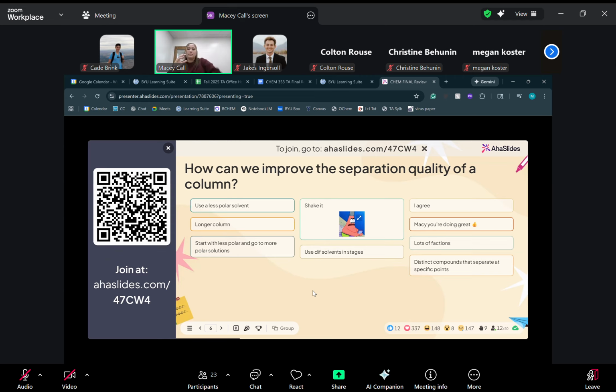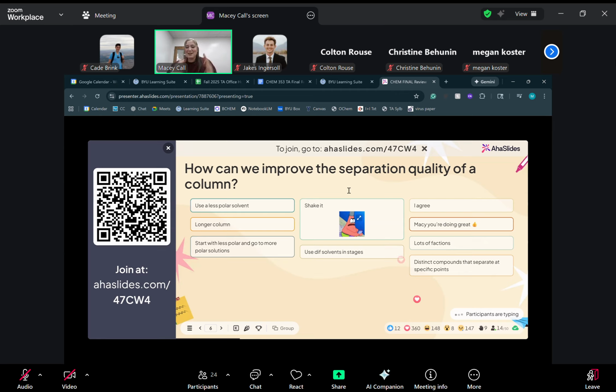Wait, did I say that right? Yeah. It'll get stuck in my silica gel or whatever's in my column. And then once that's run through and I see a clear gap, then I can change my solvent to be something else, and then it will run through. So if I'm trying to improve separation, changing my solvent is a good idea. Shaking it, probably not a great idea.